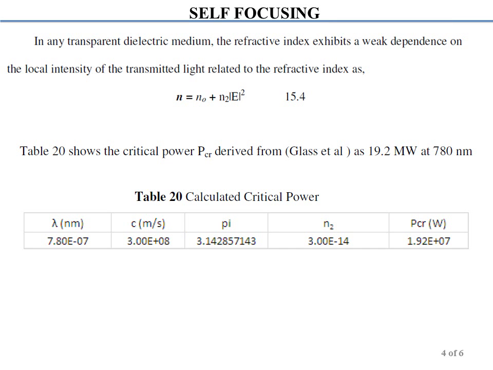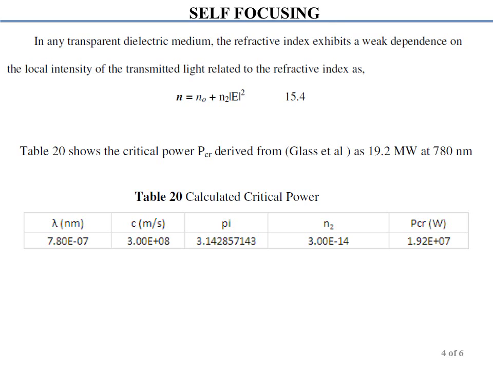In the next slide we'll discuss self-focusing. In any transparent dielectric medium, the refractive index shows a weak dependence on the local intensity of the transmitted light, related to the refractive index as n equals n sub 0 plus n sub 2 times the square of the local optical frequency electric field.